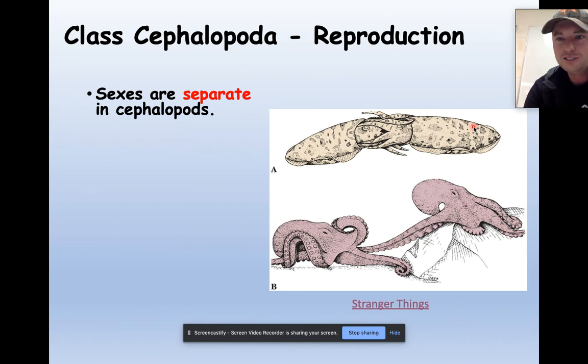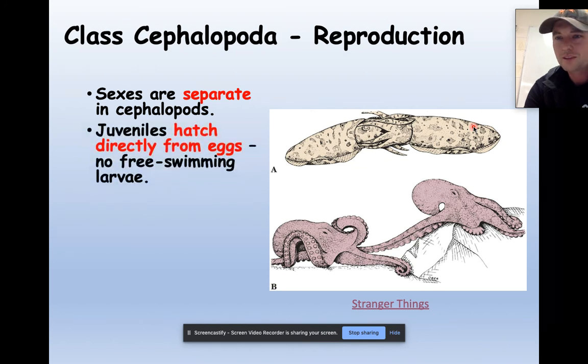So the reproduction, especially for cephalopods, is just beyond strange. Their sexes are separate, so they're dioecious, and their juveniles hatch directly from eggs. So there's no free swimming larvae. The trochophore stage isn't really here, to my knowledge.